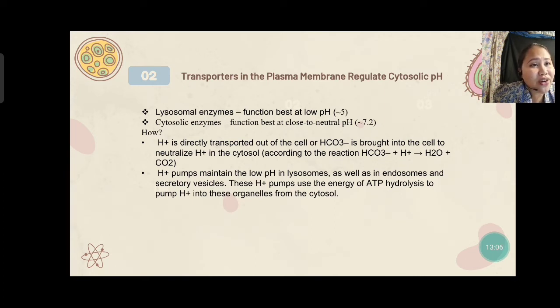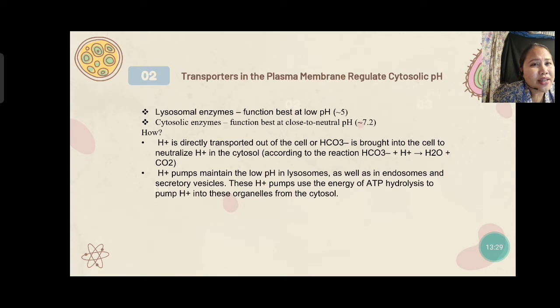So according to the reaction, the carbonates plus the hydrogen ion react, then the products will be water and carbon dioxide.